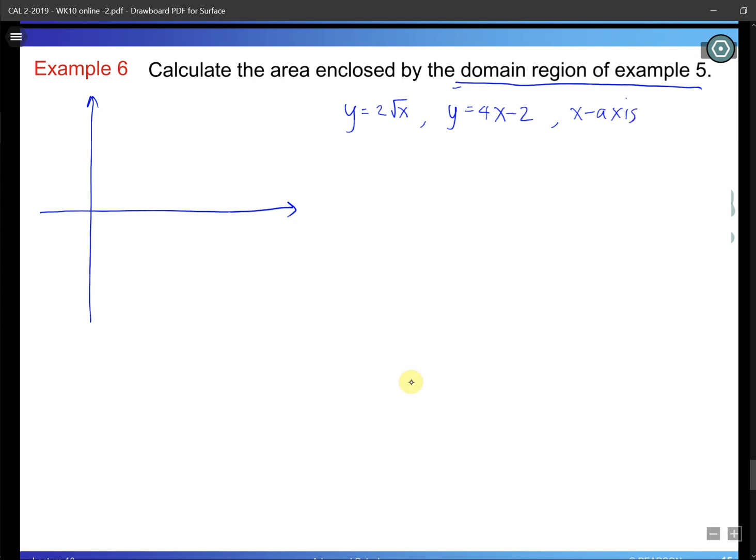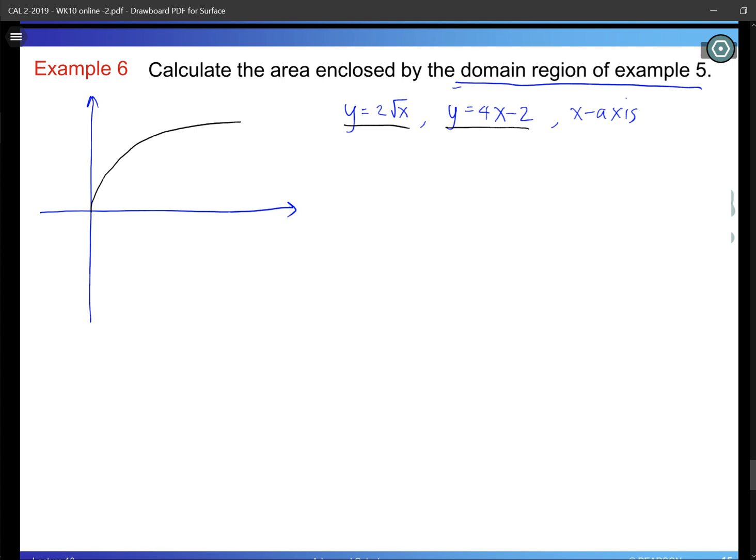So the first one, which is the y equal to 2 square root of x, is going to look like a parabola on the side. So it should look something like this. Okay, so that is the first line. Then we draw the second line, which is y equal to 4x minus 2.